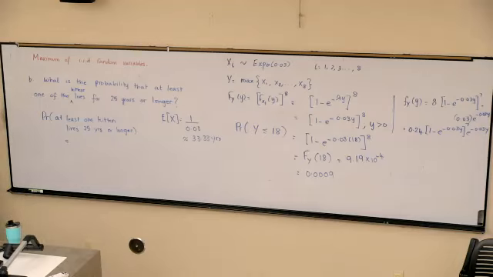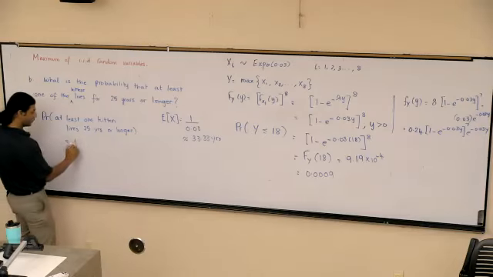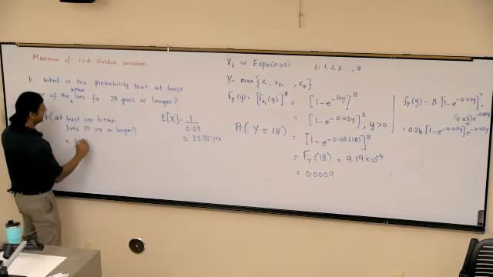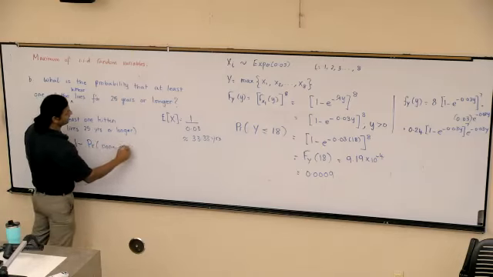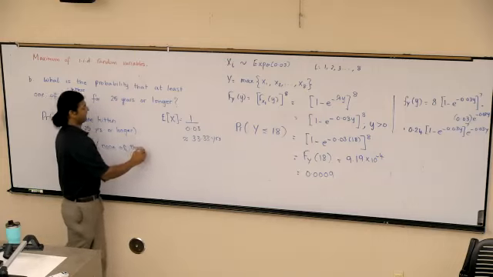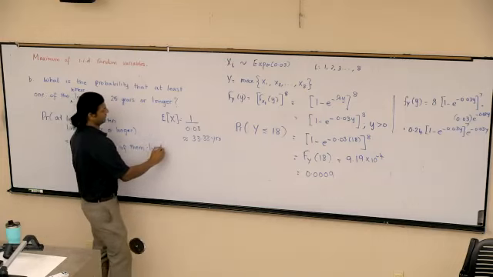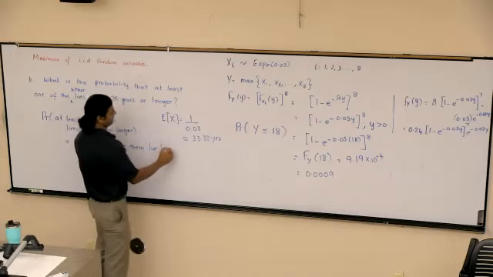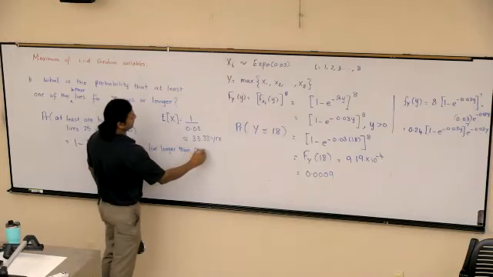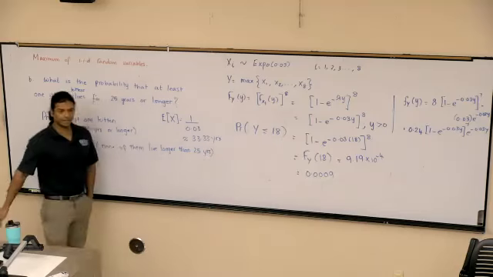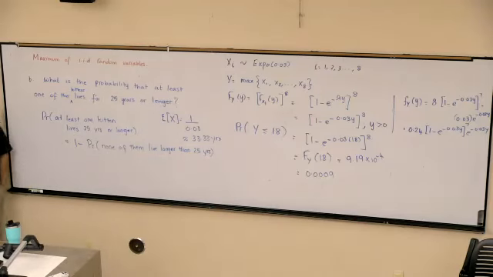Right? We have done this before. That is 1 minus the probability that none of them live longer than 25 years.